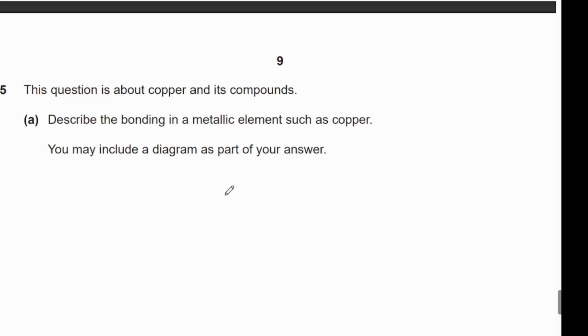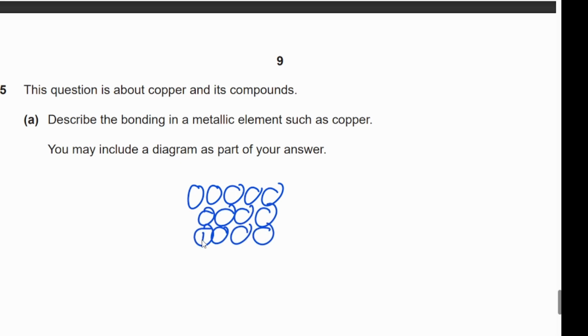Okay. Question 5. This question is about copper and its compounds. Describe the bonding in a metallic element such as copper. You may include a diagram as part of your answer. So when you're talking about metallic bonding, you usually draw a bunch of circles, put a plus inside, and then you surround them with negative charges.